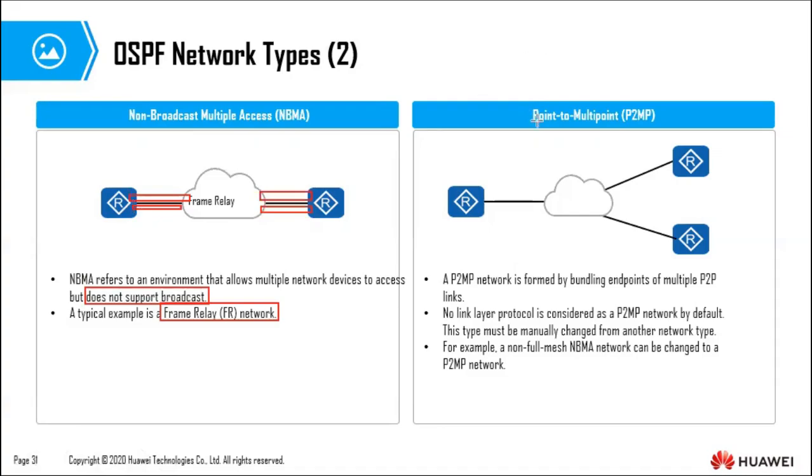Okay, and then the last one is point to multipoint. A point to multipoint network is formed by bundling endpoints of multiple point-to-point links. So when you have multiple point-to-point links, then you have point to multipoint.